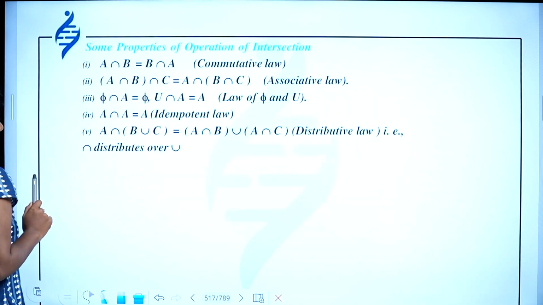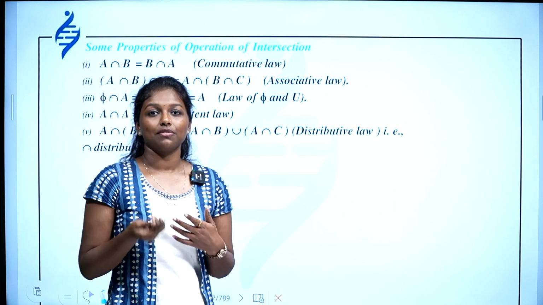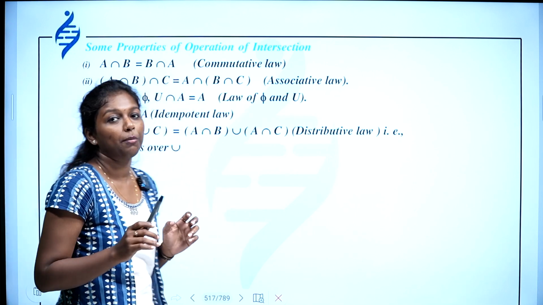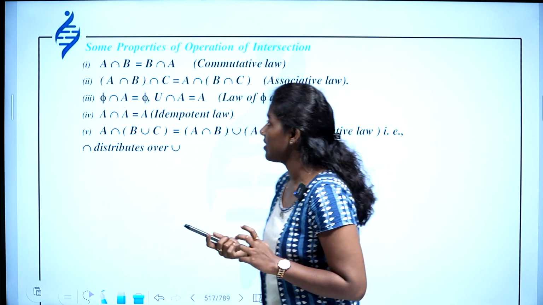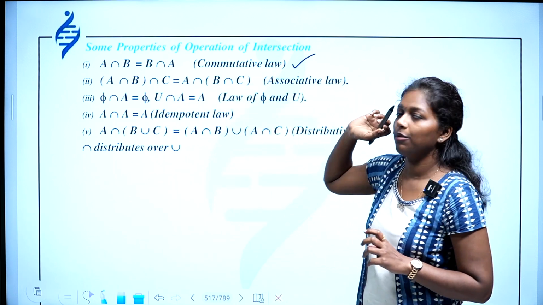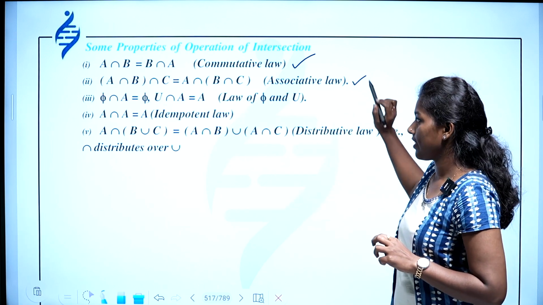Then some properties of the operation of intersection. We have learned the properties for union, so these are the properties for intersection. The first property is the commutative law: A intersection B is equal to B intersection A. Next is associativity.